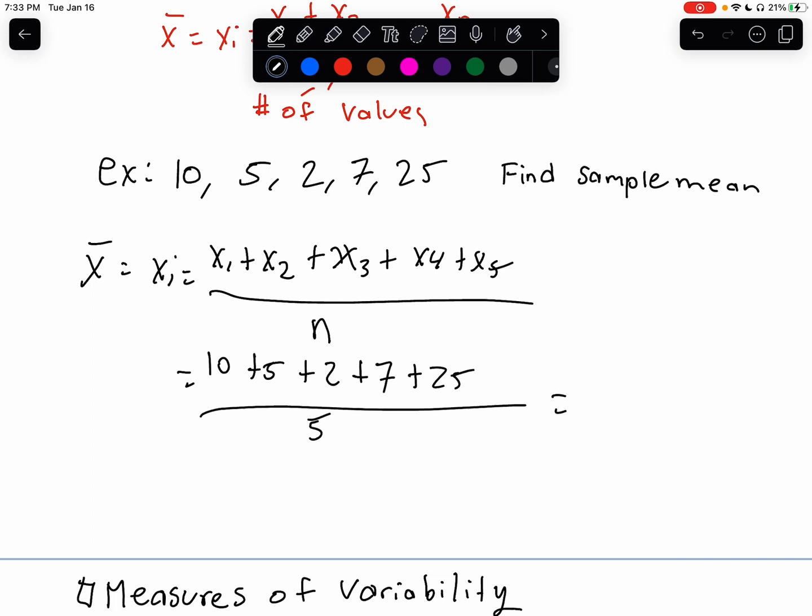So when we do the sum, we get 49 divided by 5, and our decimal for that is 9.8. So therefore, our mean is 9.8, right?